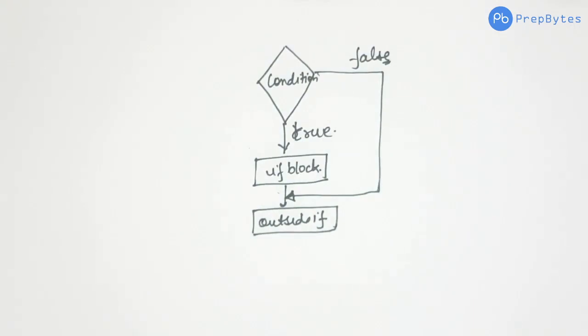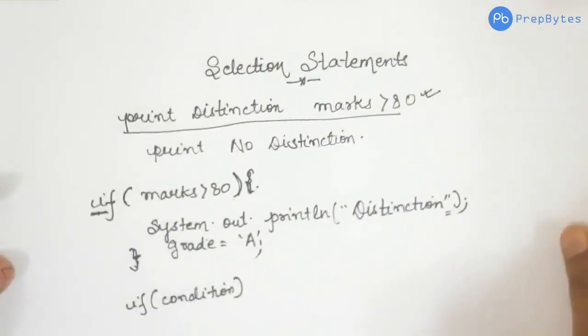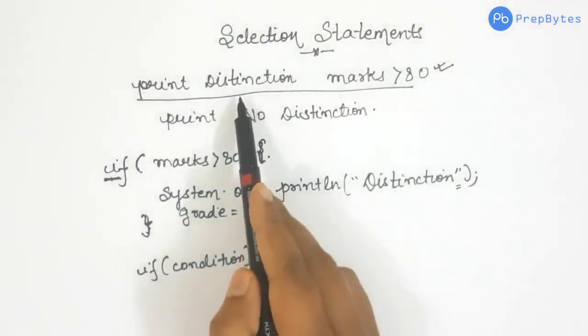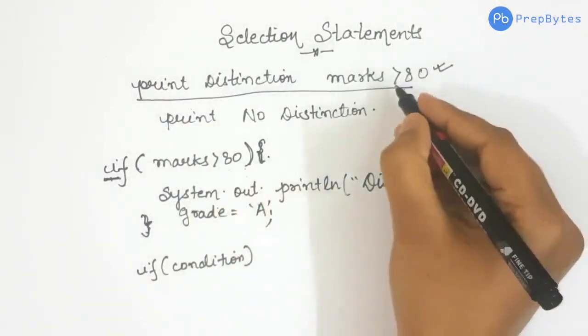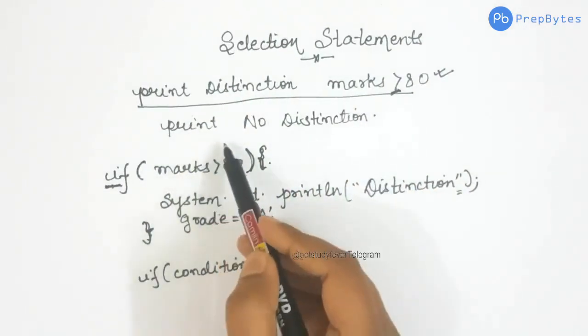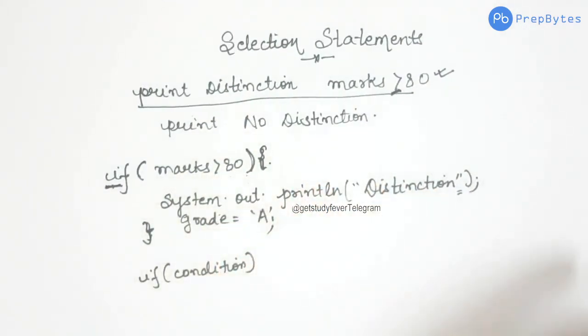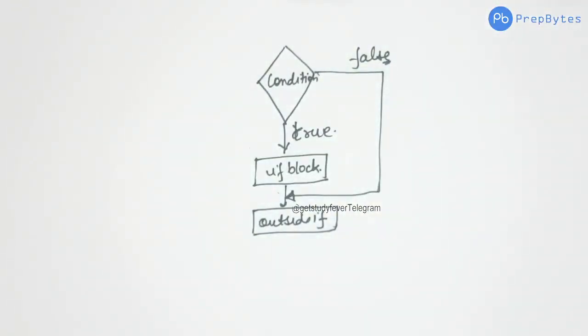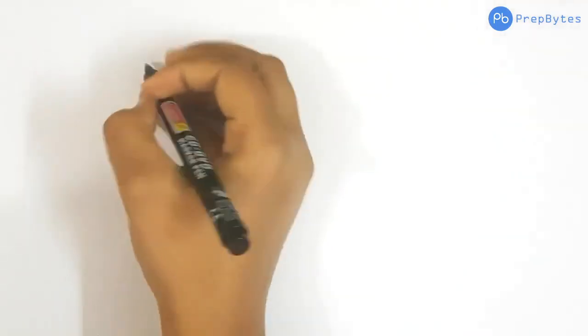Now I will go back to the problem statement. This problem statement says that if marks is greater than 80, print distinction, else print no distinction. So I have two options here. What I can do is write two if statements.